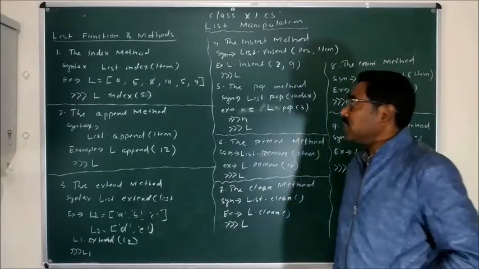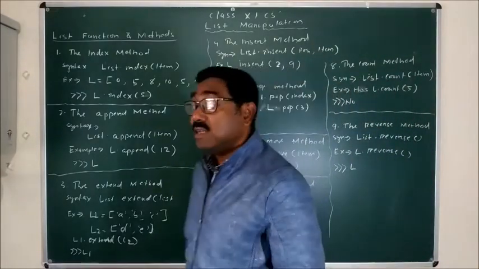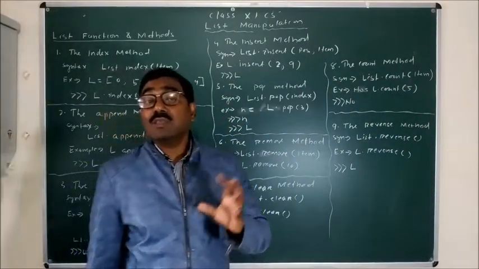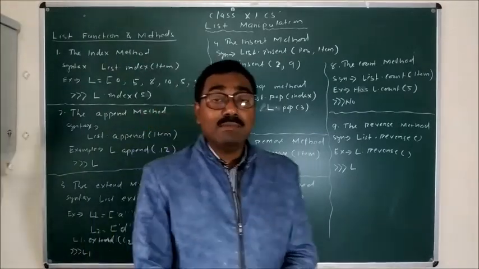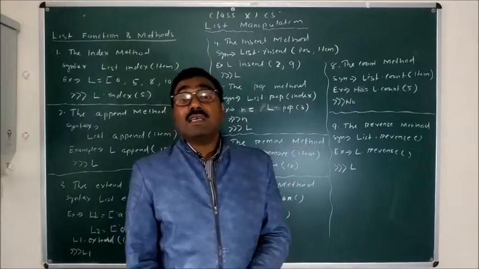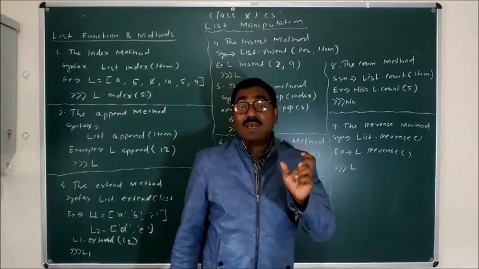The index method is used to return the index of a particular element, and it will always return the first occurrence of that element.